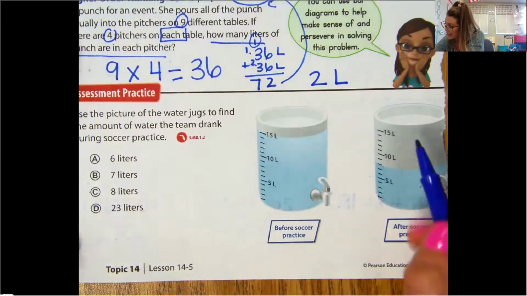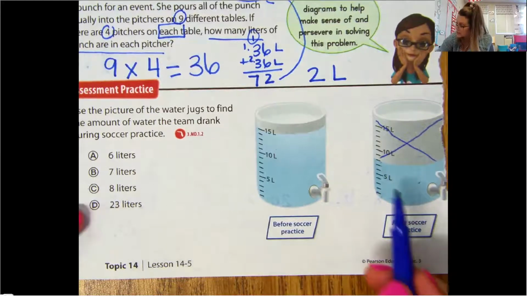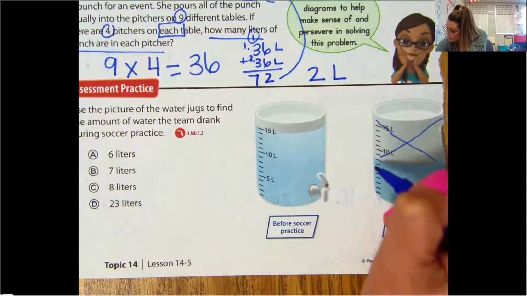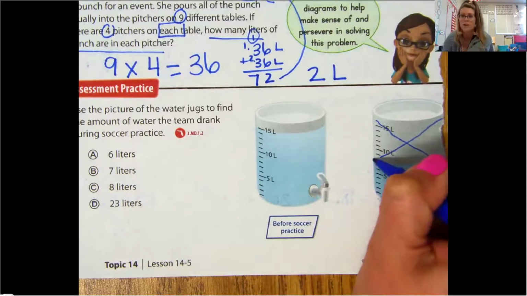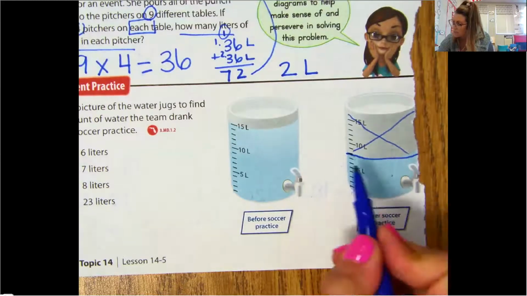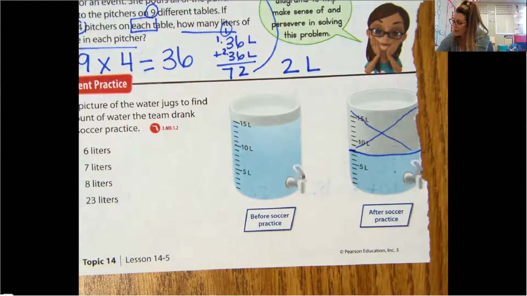Oh my goodness. Now all of this is gone and this is left. So if we start right here where it's left off at, and we just count up, what's our answer? We kind of also have to think about, what do these tick marks represent?